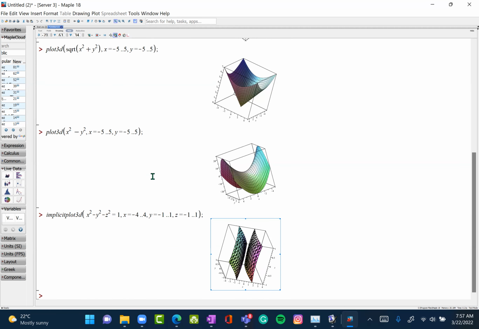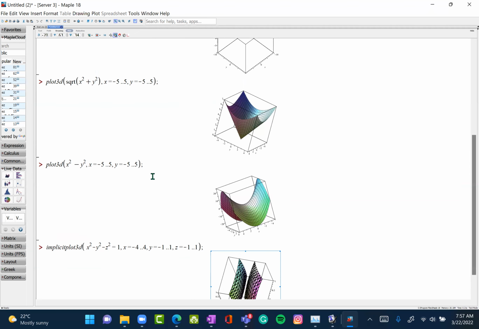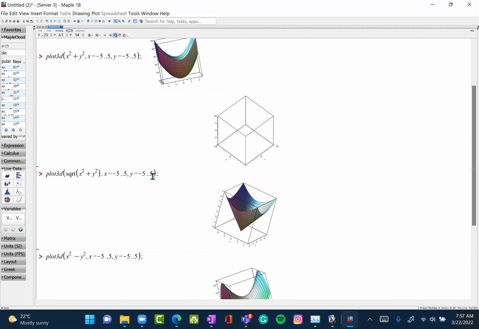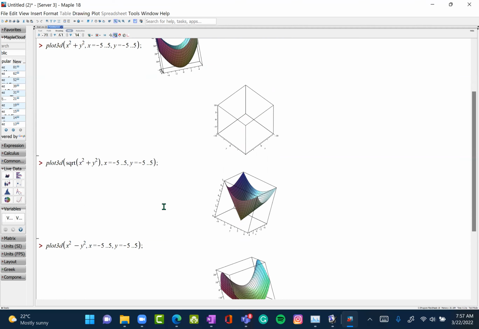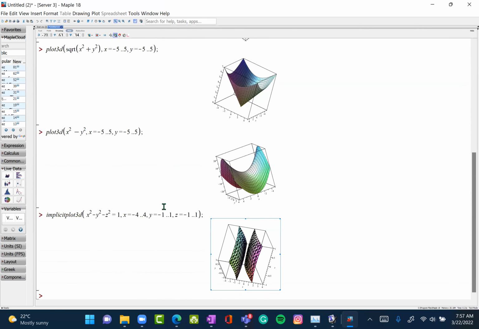Okay, so this is how you should use it. If you have Maple or Mathematica, Wolfram, or if you have an Android, you can use this to do some plotting. So this is a good starting point to use the apps.